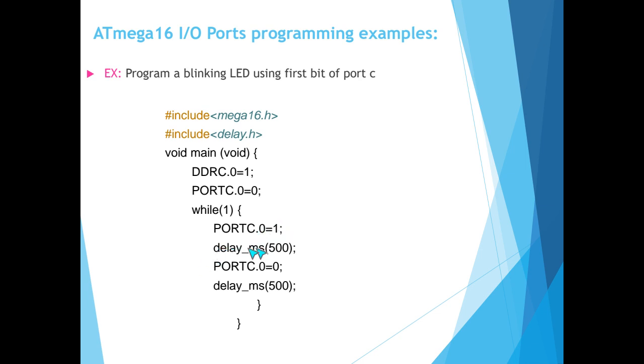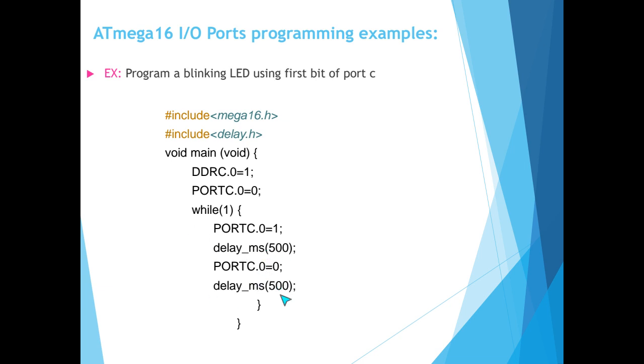Then create a delay, for example, for 500 milliseconds. Again change it to 0 volt, because we want to turn off the LED, and again create a delay equal to 500.